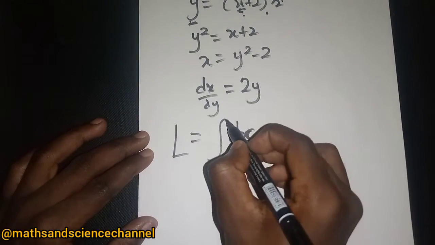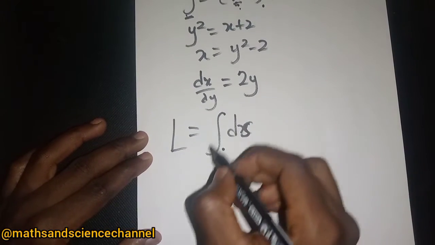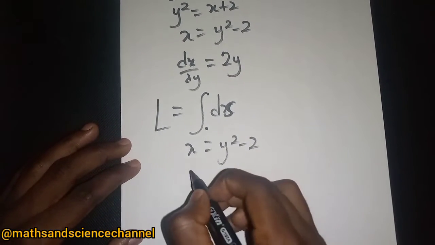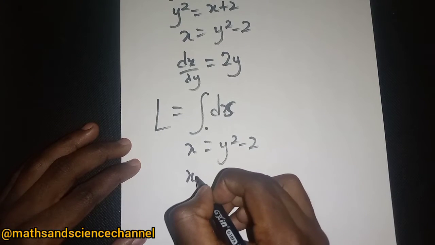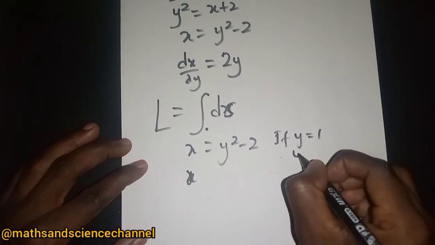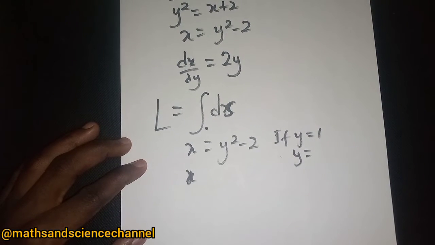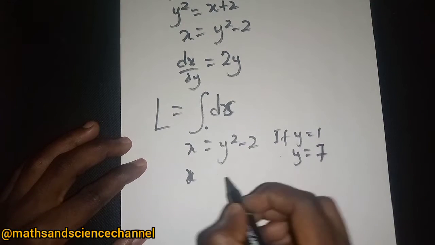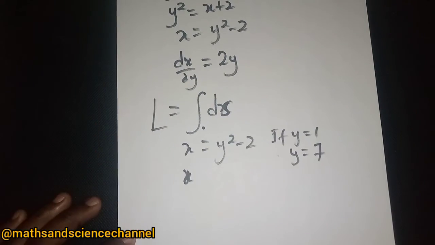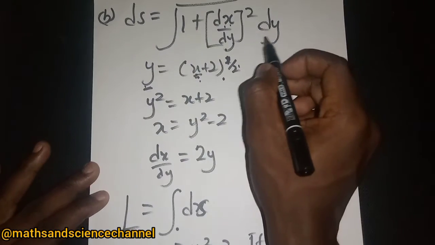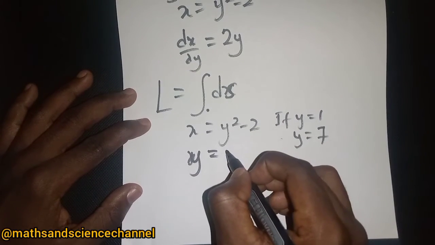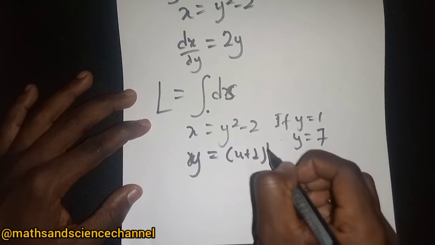Yeah, then we have to find the limits because we have to set this up. So we have to find the limit of the following. So if we have x being equal to y squared minus 2, which means that the limit of y, in the first one we have x equal to 1, then x being equal to 7. So we have it in terms of y, where y here will be equal to x plus 2, then half here.